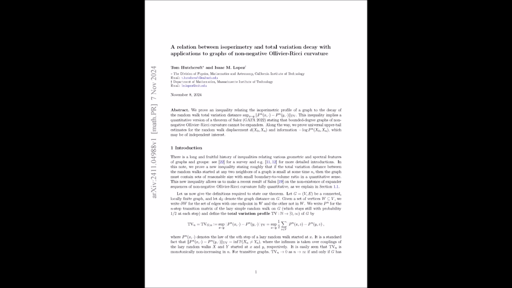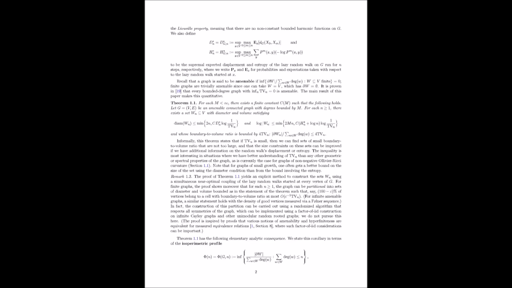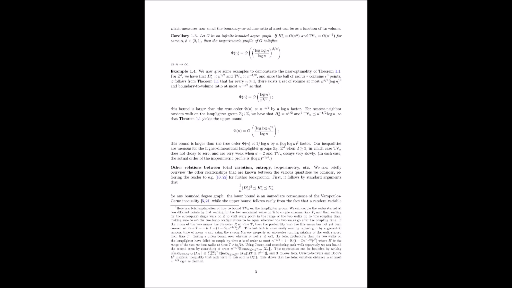And it lays the groundwork for understanding how these ideas apply to these gravitational graphs with non-negative Ollivier-Ricci curvature. Right, which is what we're going to get to next time. Exactly. So we've really spent some time digging into the machinery behind Theorem 1.1 and its proof. And I think now we're ready to bring it back to those graphs with non-negative Ollivier-Ricci curvature, the ones where the random walks cluster together like they're drawn in by gravity.